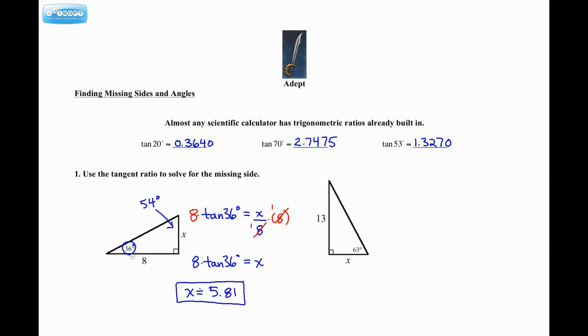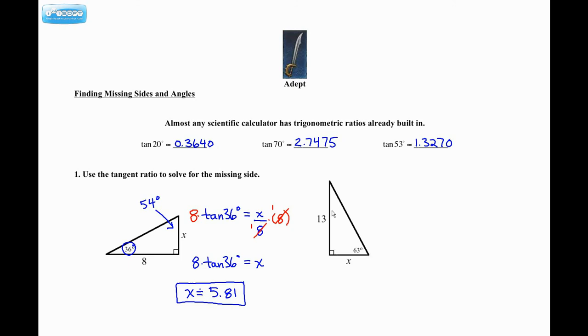If this is of length 8, and that's 36 degrees, we can tell x has to be slightly less than 8. So if I got a number like 10 or 20, that should indicate that I probably made a mistake somewhere. So x is about 5.81. So I've actually used this angle to help me find an unknown side. Congratulations. Let's try another one.